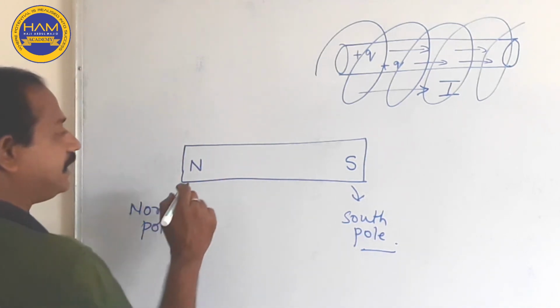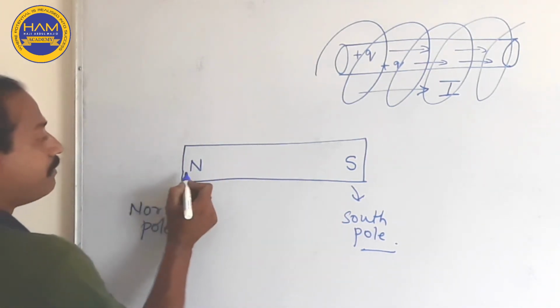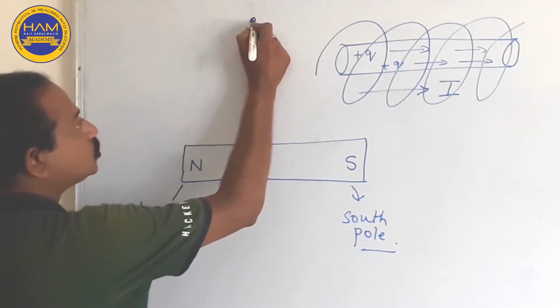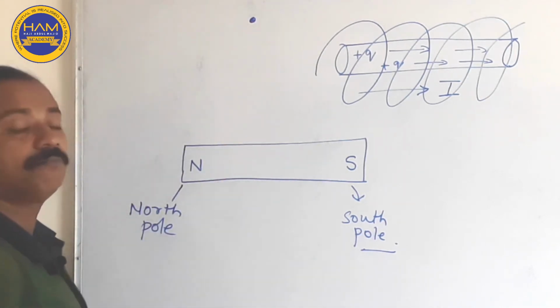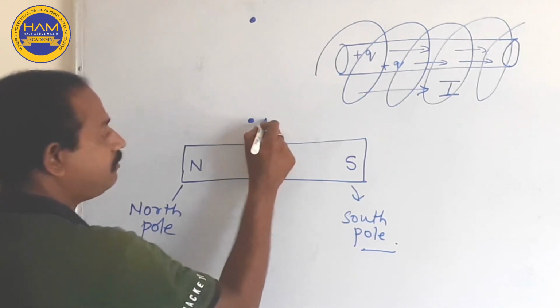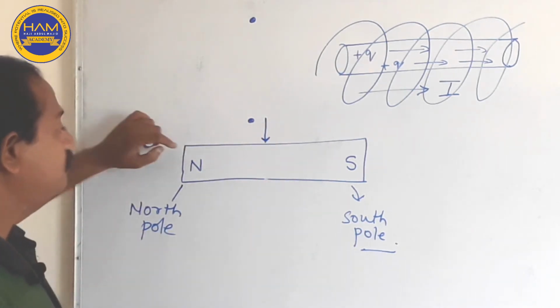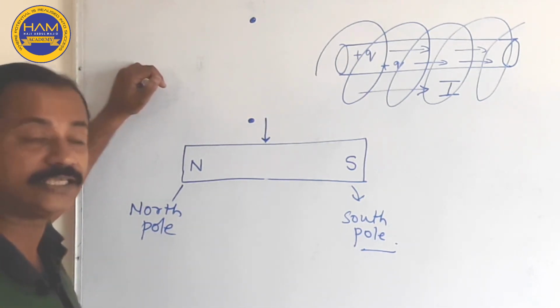So, now we will see in this magnet how this magnetic field works. If an iron nail is over here, it is not being attracted or coming down to the magnet. But if you put an iron nail over here, it is immediately attracted by the magnet. Why? Because it lies within the range.